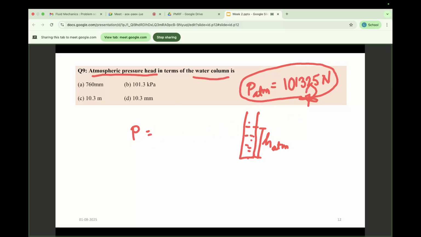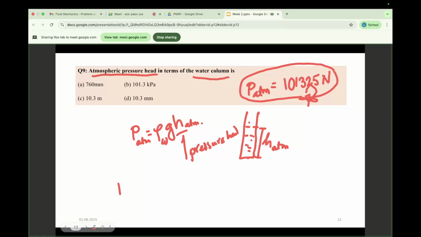So P is given and you are asked to find H. We know that P equal to rho g H, so this H here is known as pressure head. Because they already said that it is for water, rho should be water.